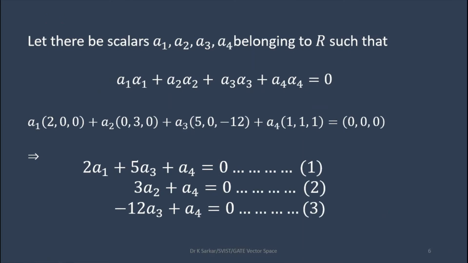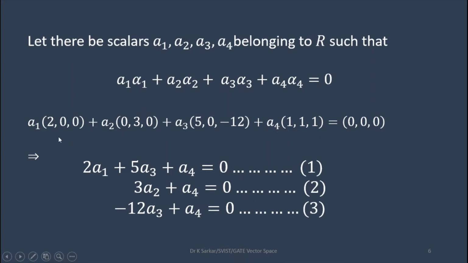Let there be scalars a1, a2, a3, a4 belonging to R such that a1 alpha 1 plus a2 alpha 2 plus a3 alpha 3 plus a4 alpha 4 equals the 0 vector. Now let us put all the vectors alpha 1, alpha 2, alpha 3, alpha 4, and the right hand side becomes the 0 vector with components 0, 0, 0.